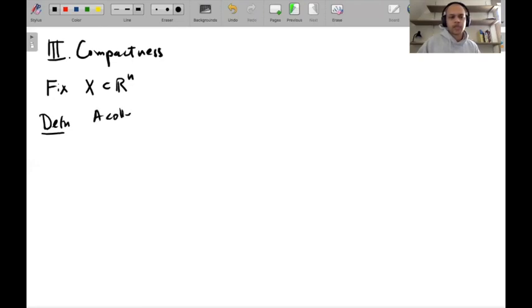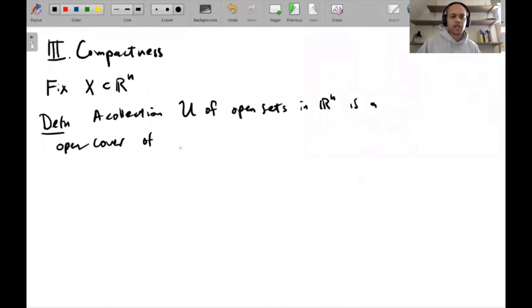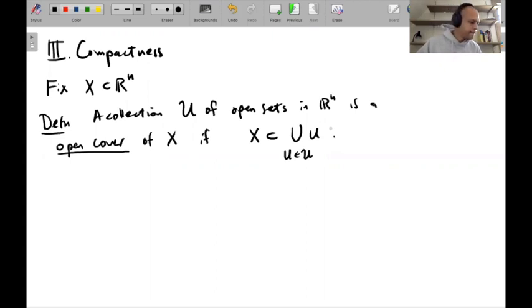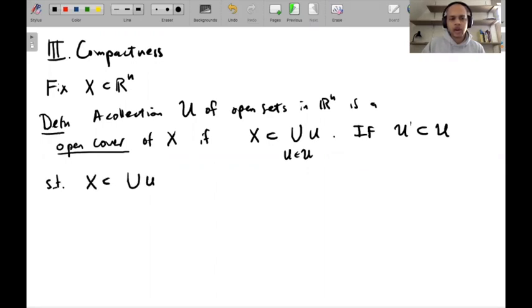A collection U of open sets in Rn is an open cover of X if X is contained in the union of the sets in script U. And moreover, if we have some subset of script U, U prime, so that X is also contained in the union of the sets in script U prime, then we say U prime is a subcover.